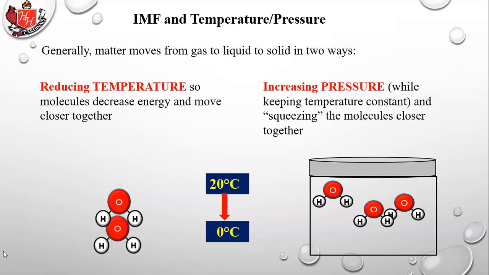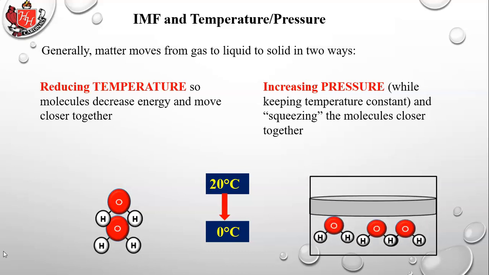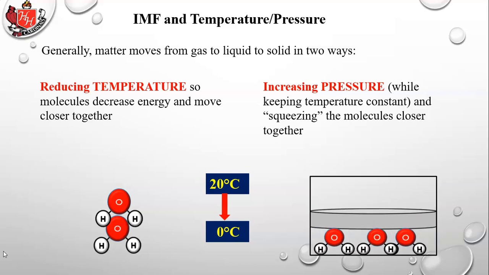Okay? Now, the other way you can get the water molecules to come together and stick together is just by brute force over on the right, by increasing the pressure. That's just by squeezing them together while keeping the temperature constant. And so you're squeezing the molecules together. So here you have a piston. It's going to push down on those molecules like that, and it's just going to squeeze them together.